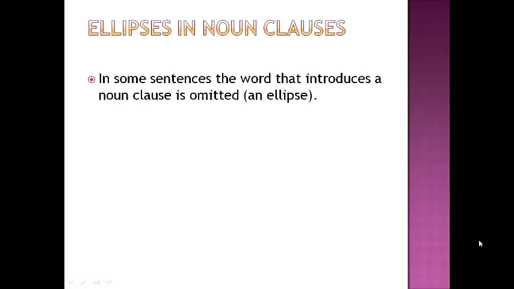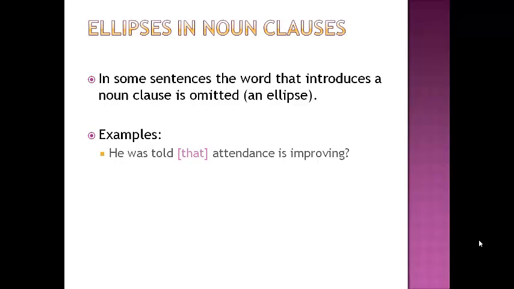Now, ellipses in noun clauses. An ellipse is when our introductory word is deleted and our hearer or our reader of that sentence understands that the word would normally be there, but it has been omitted. For example, he was told attendance is improving.